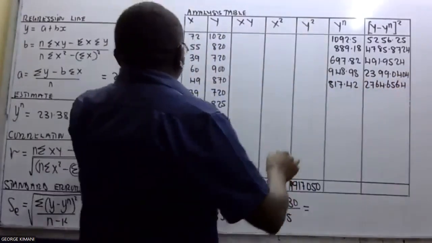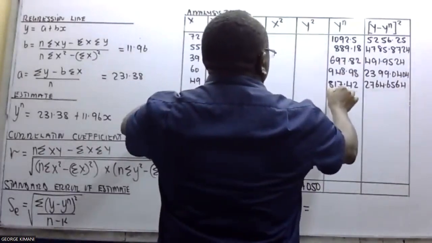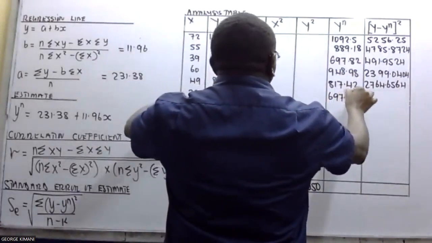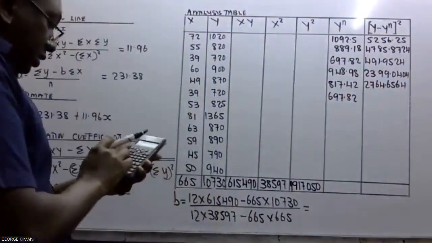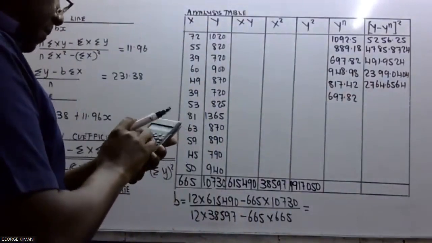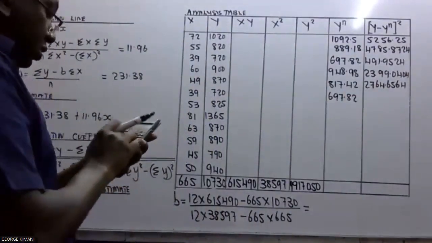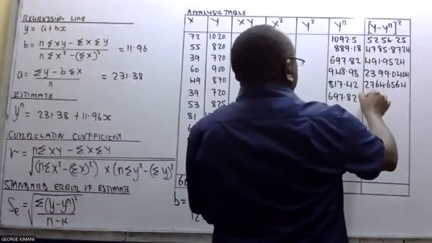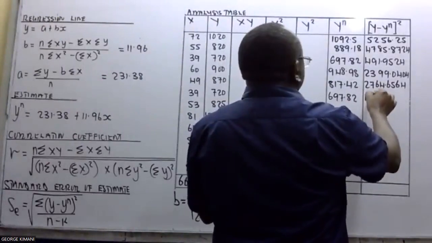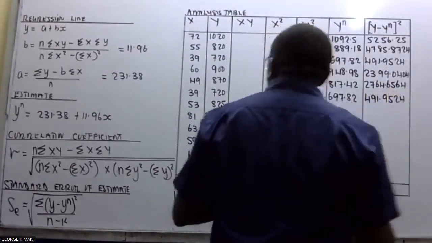For 39, it is this one, which is 697.82. So now let me say 720 minus 697.82 equals, I square, I get, they are exactly the same, 491.9524.